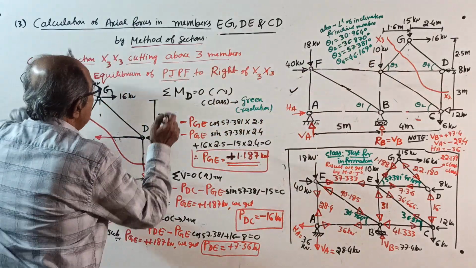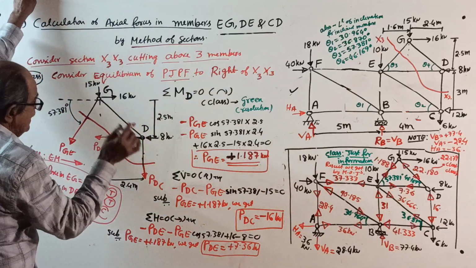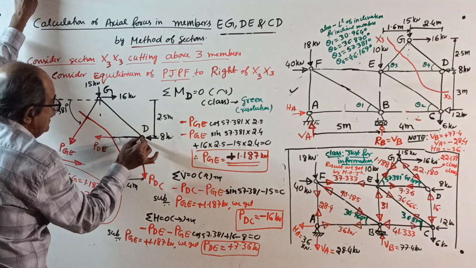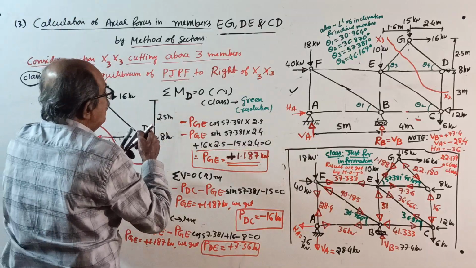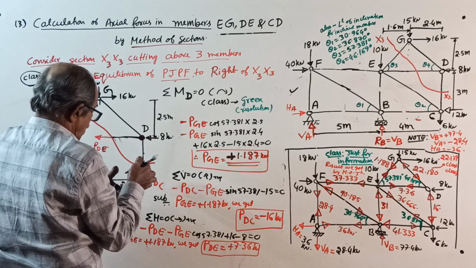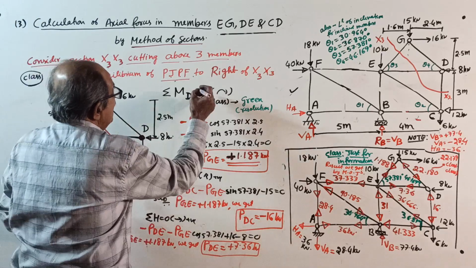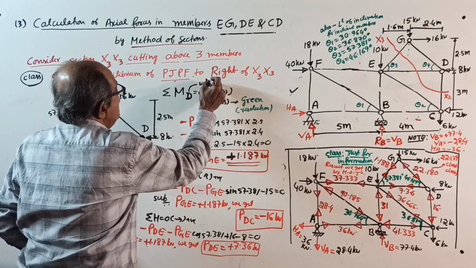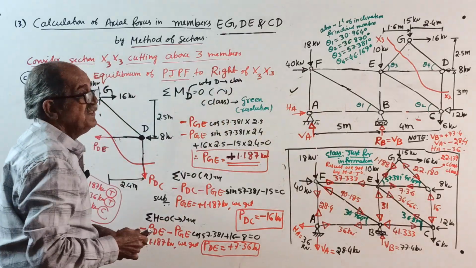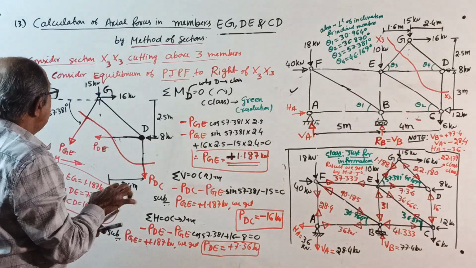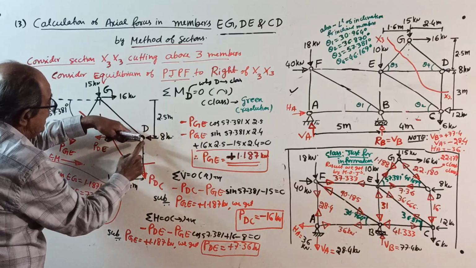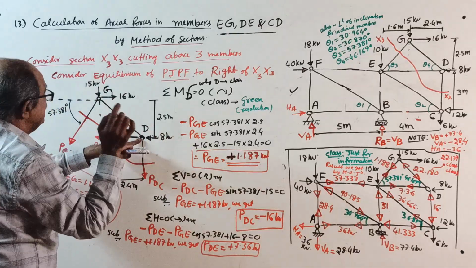Now, take moment about D. Why D? See, among the three unknowns, two unknowns are meeting here. I told in the class why it is D. See, when you take moment about D, PDC into 0, PDE into 0, 8 also into 0.